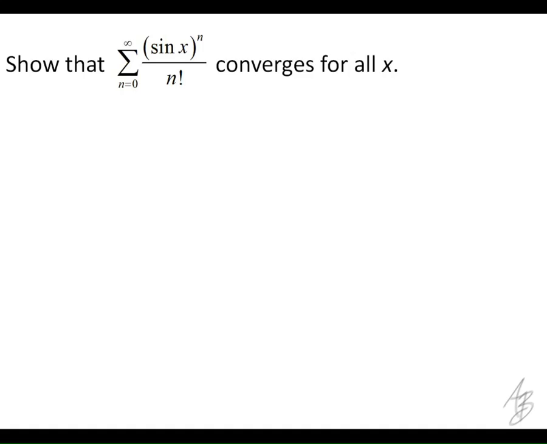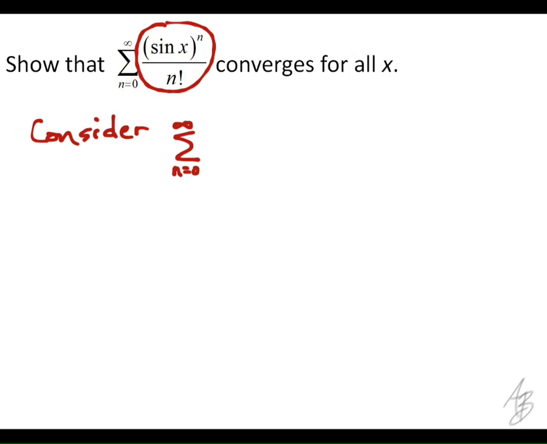So what we're going to look at, instead of this right here, we're going to consider the absolute series, that looks the same except it's the absolute value. We do this because we don't want negative terms here.